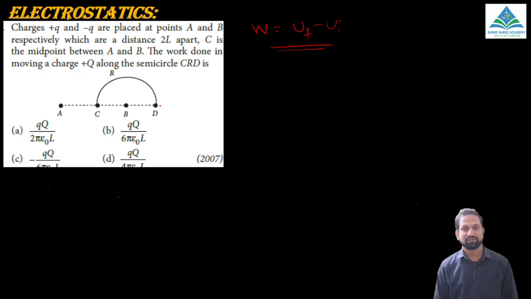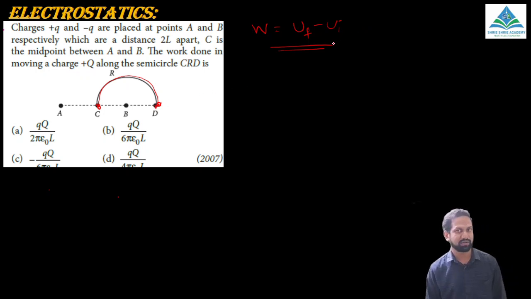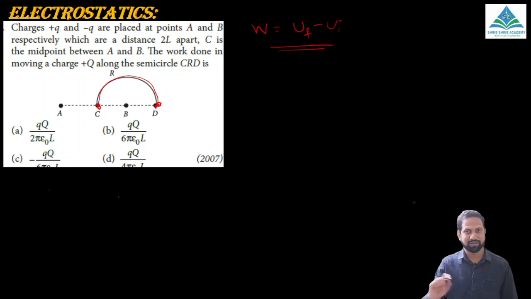Here F is the situation when the charge came to the position D, and I is the situation when it is starting at C. So it is starting from C and going along this curve to D. So if you calculate the final and initial potential energies and subtract them, you will get the work done. For the final potential energy, remember there are two charges: plus Q at A and minus Q at B.